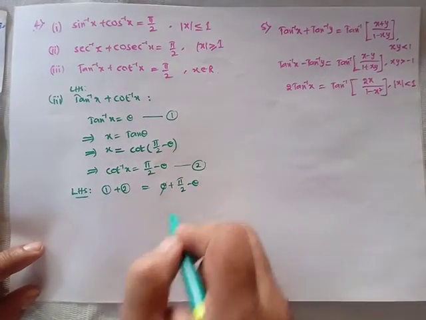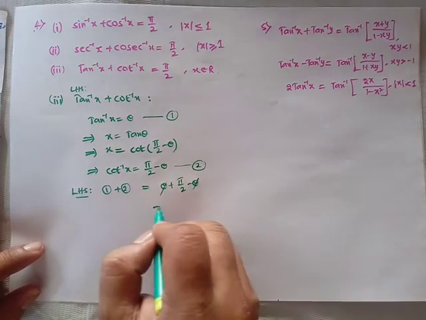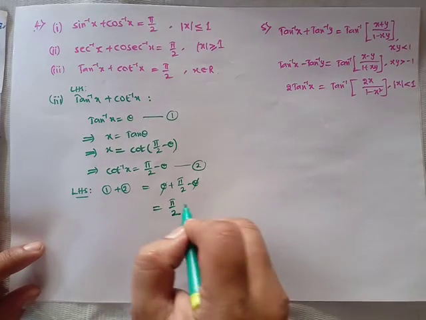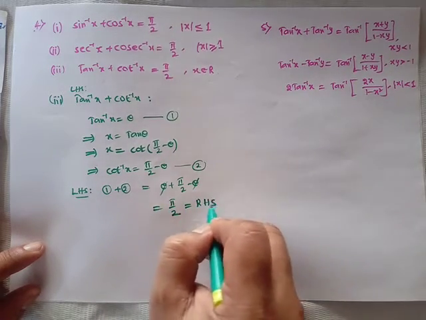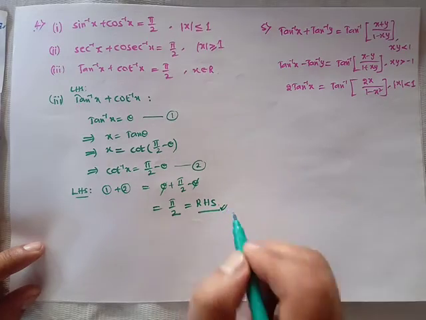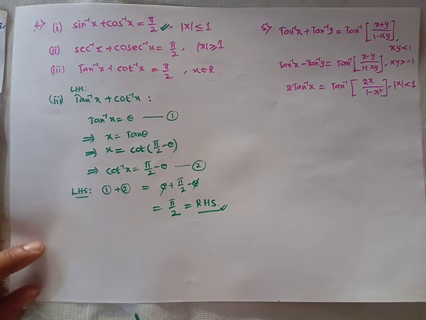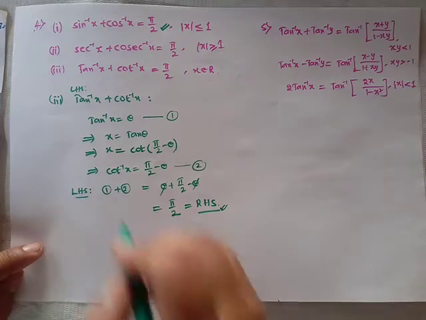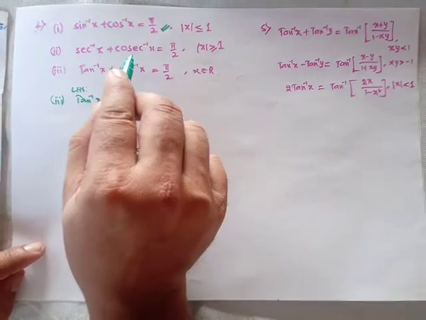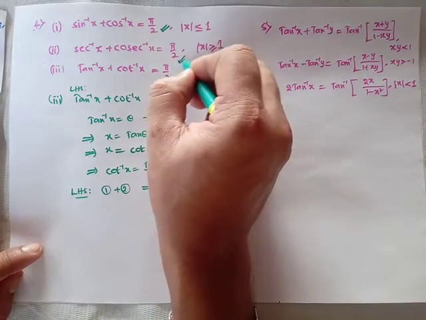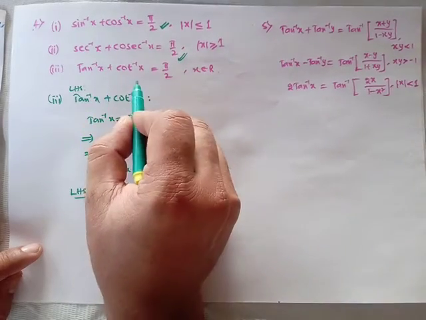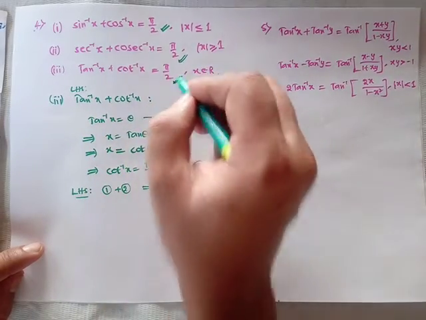So plus theta and minus theta will cancel. It will give you pi by 2, that is the value of the RHS. So tan inverse of x plus cot inverse of x is equal to pi by 2. The same way the remaining two can be done. Secant inverse of x plus cosec inverse of x is equal to pi by 2. Sin inverse of x plus cos inverse of x is equal to pi by 2.